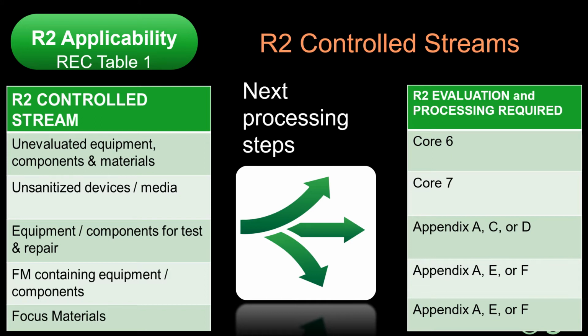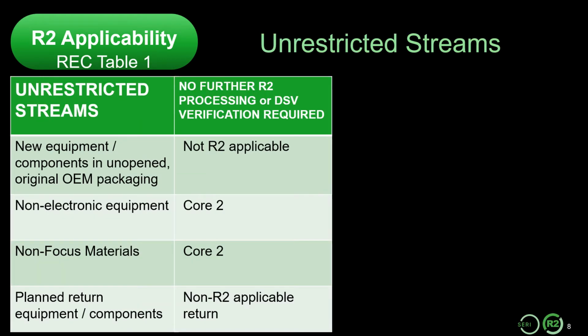Sanitize and test and repair in-house if they are certified to Appendix B, data sanitization, and Appendix C, test and repair requirements, or they can send the laptops to a downstream vendor who has the expertise to data sanitize and test and repair, and has been qualified by the R2 facility to the requirements of Appendix A, downstream recycling chain.